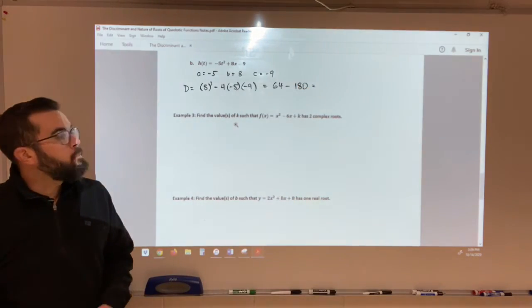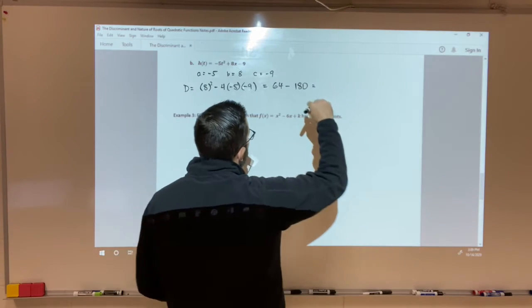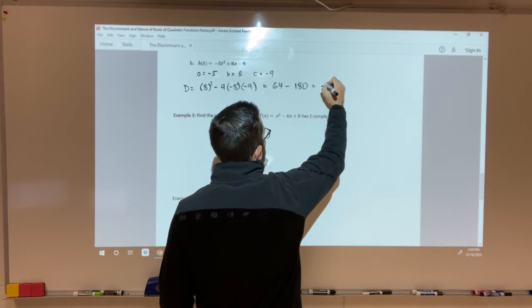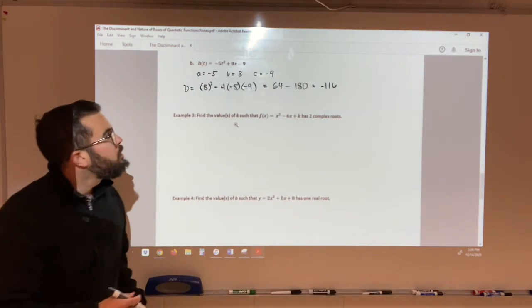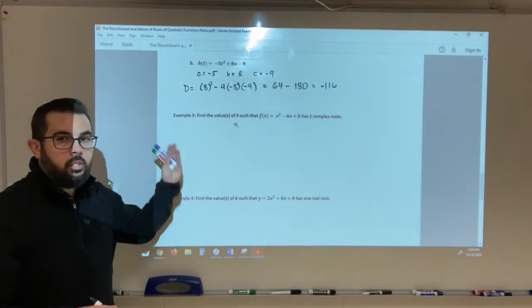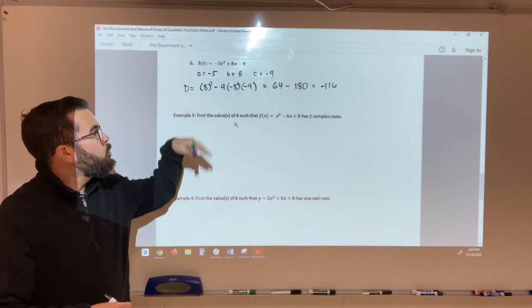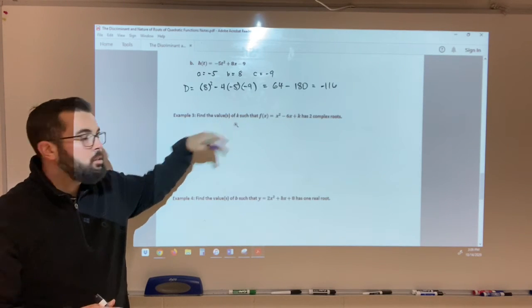Okay, and 64 minus 180 is negative 116. And according to our chart, we know that when the discriminant is negative, there's going to be 2 complex roots.